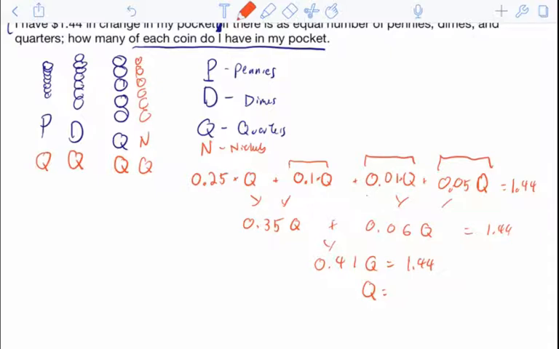What? 0.25 plus 0.1 plus 0.01 plus 0.05. 1.44 divided by 0.41. What on earth?